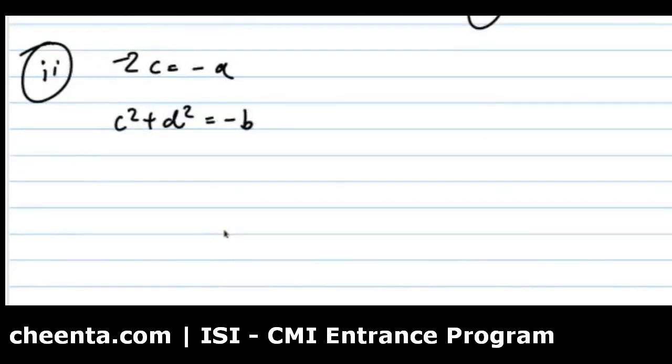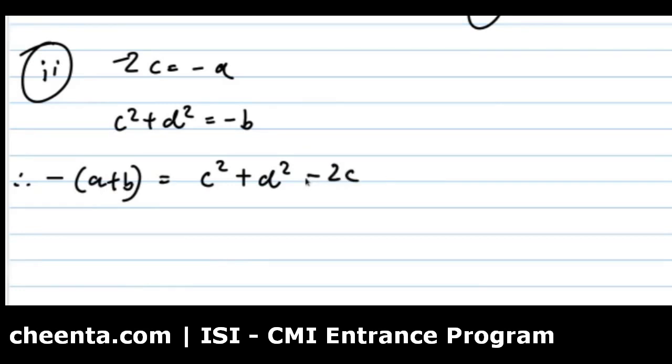So in fact, we can say minus of a plus b equals, so this thing goes like c squared plus d squared minus 2c. So this thing can be written as c plus 1, oh sorry, whole squared, minus 1 plus d squared, right?